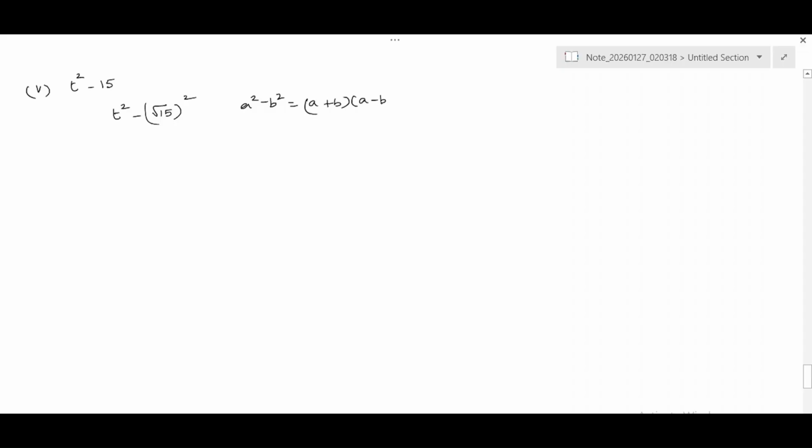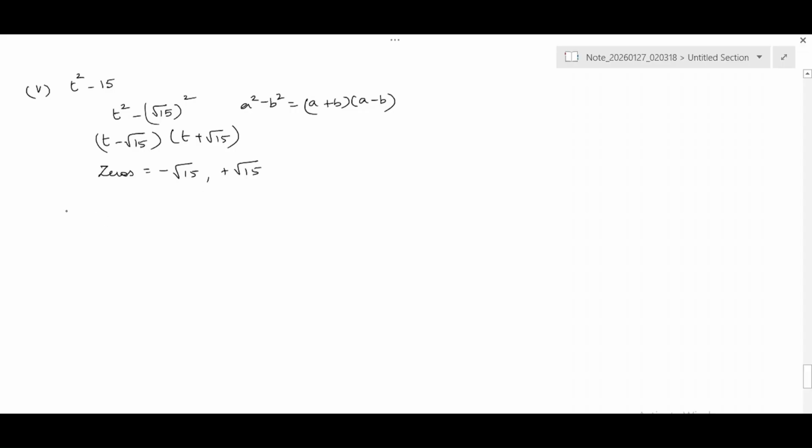Like this also we can write factors. So (t minus root 15) into (t plus root 15). So the zeros will be minus root 15, comma, plus root 15.